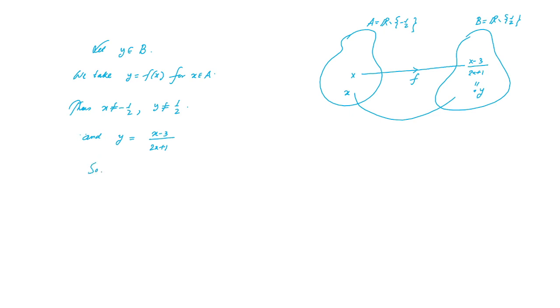So in that case we can write (2x plus 1) times y equals x minus 3, and you can write x equals 3 plus y by 1 minus 2y, which is valid since y is not equal to half.